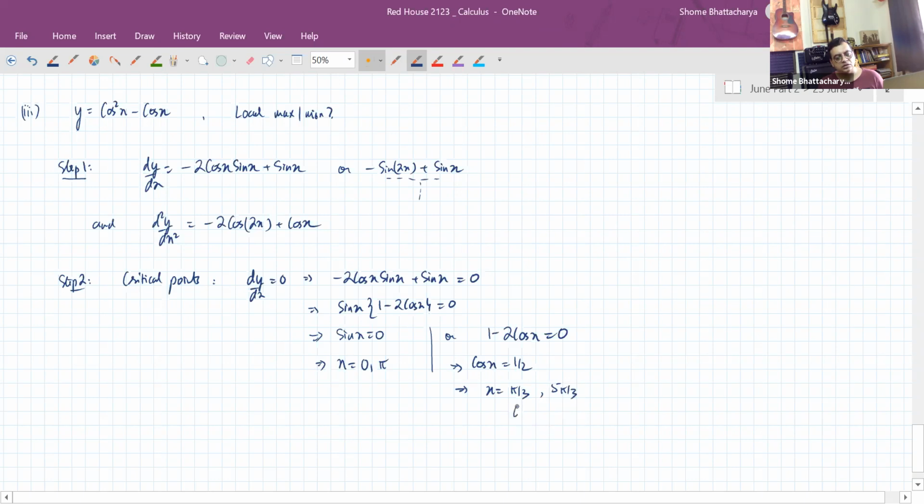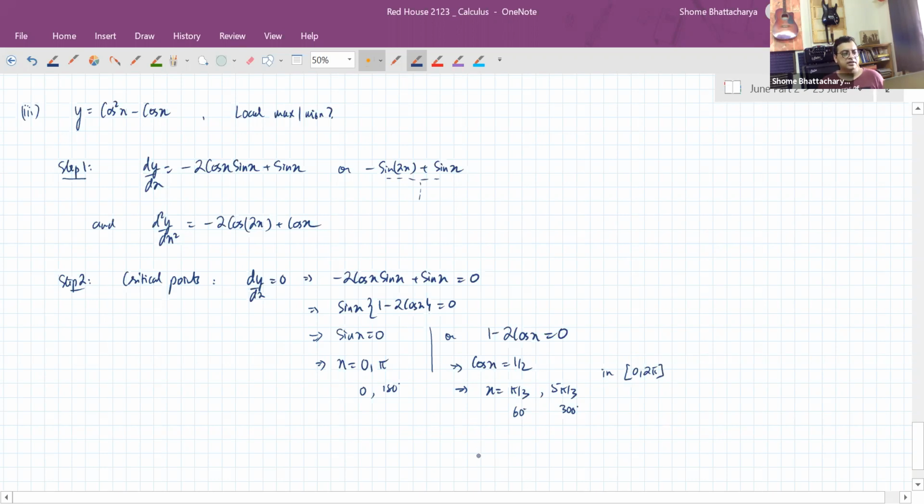So that is 60 degrees and 300 degrees. So we have 4 critical points in 0 to 2 pi.